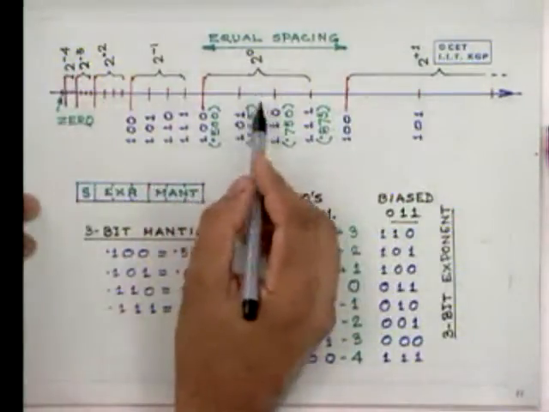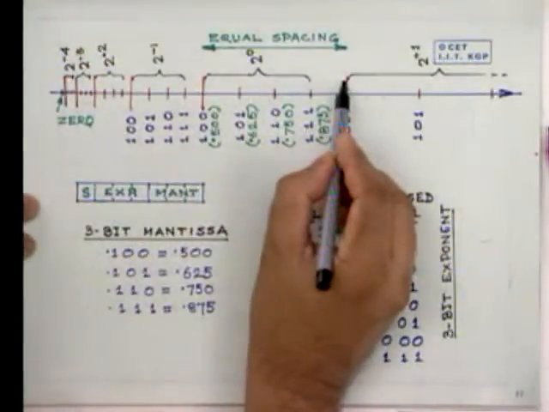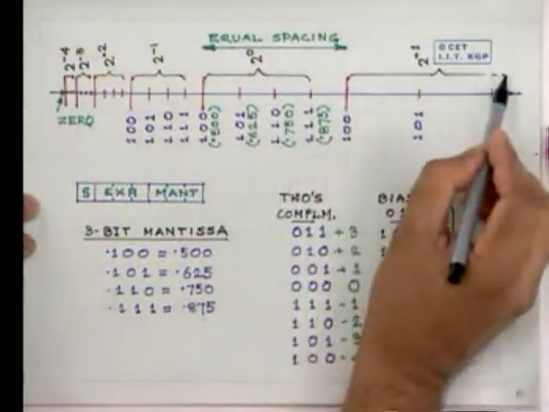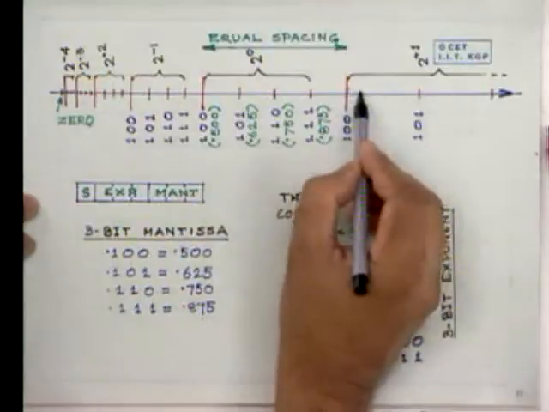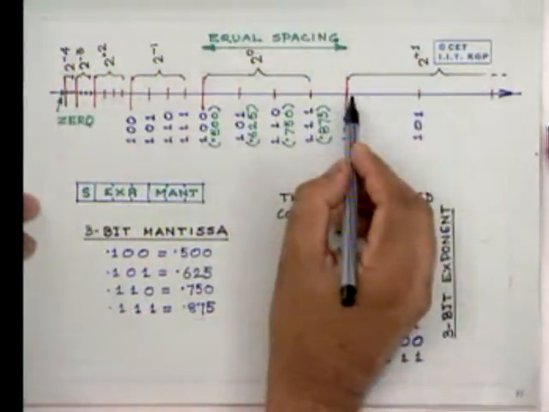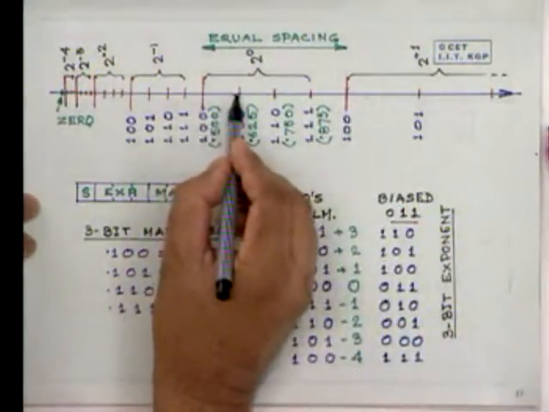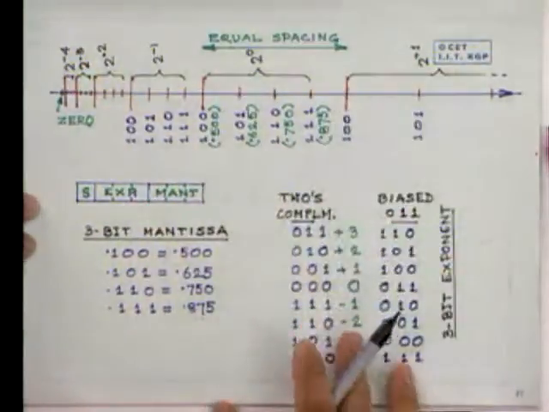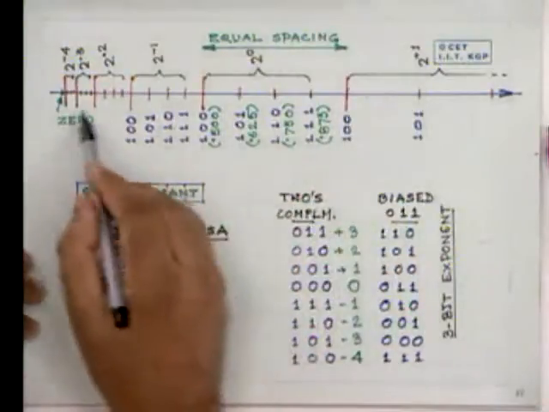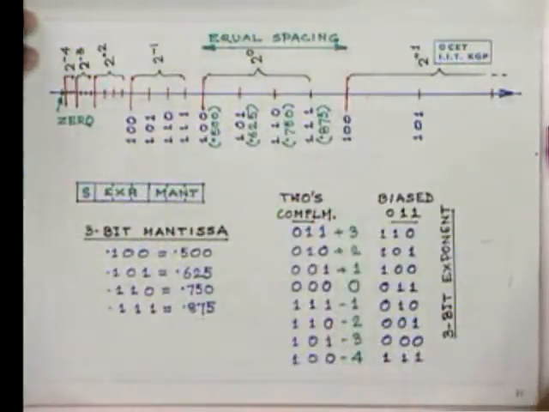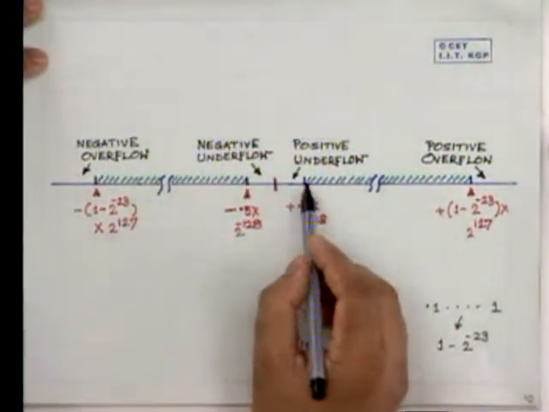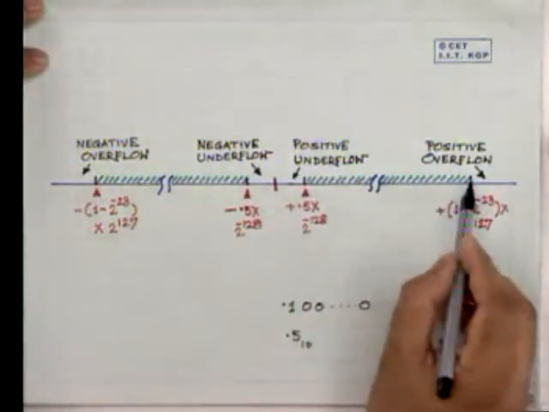And you see that from here to here, there is equal spacing. Immediately, if you go from 2 to the power 0 to 2 to the power 1, the spacing between 2 numbers immediately increases. For example, the spacing is this much here, then the spacing is double this much here. Now, you can immediately see that the numbers that we can represent fall within this range.